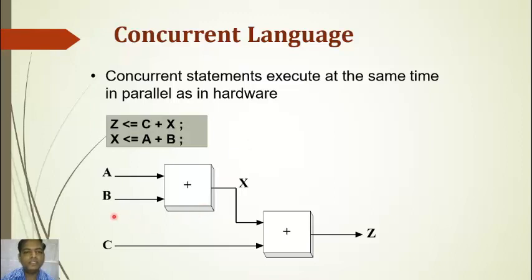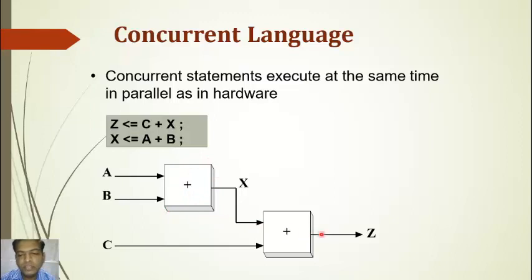So here we have shown one diagram to explain the function of concurrent language. We have three inputs, A, B and C. The first block has two inputs, A and B, and the second block has two inputs, C and X. The signal X is the output of the first block.